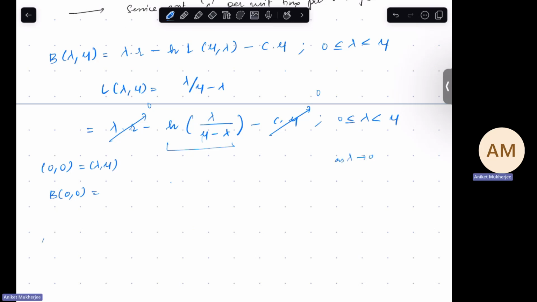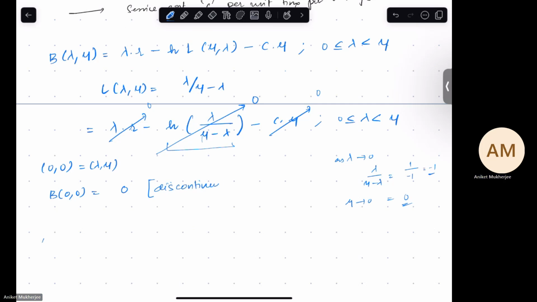As lambda goes to 0, lambda by mu minus lambda also goes to 0 as both go to 0. So this goes to 0. But we have to be clear that here there's a discontinuity at 0, 0.